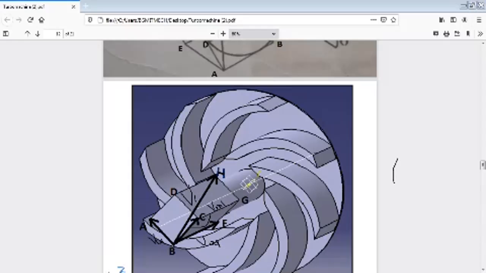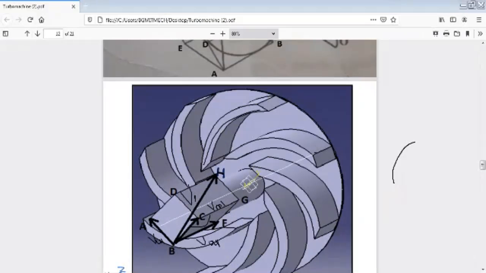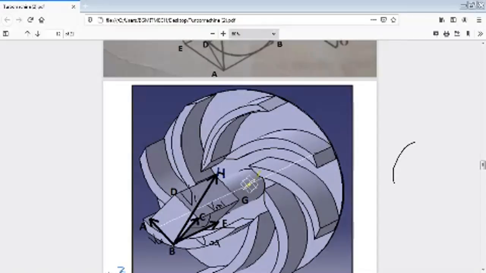So here I will draw a blade. I have drawn this blade. Okay, this blade I have drawn here, and this velocity V1 is entering here. This is a two-dimensional figure I am drawing. You should not get confused with the three-dimensional figure.